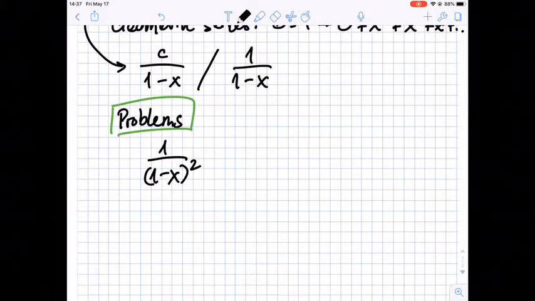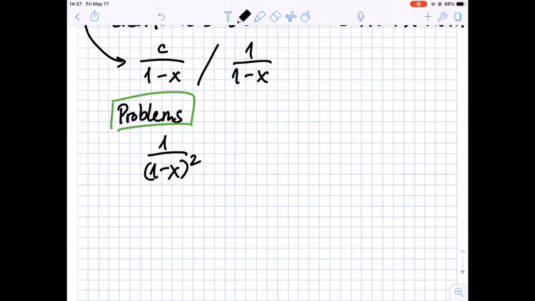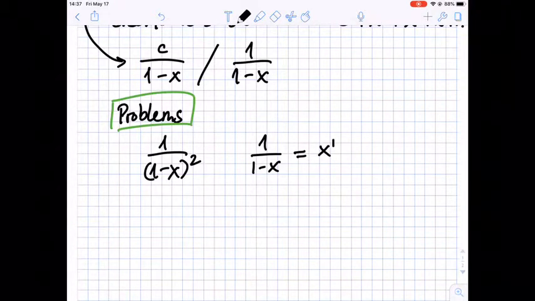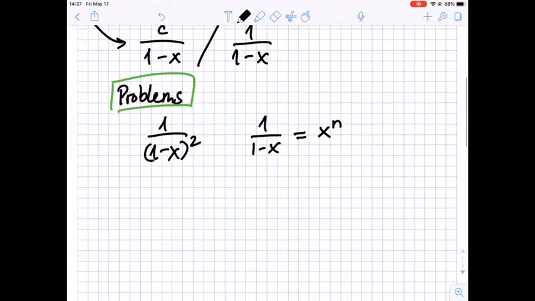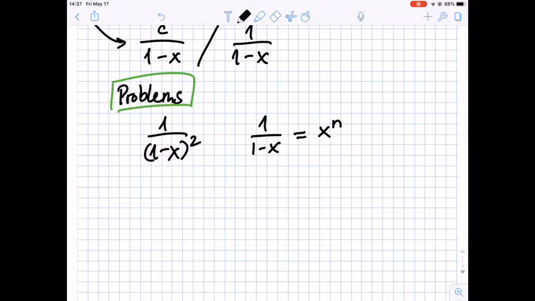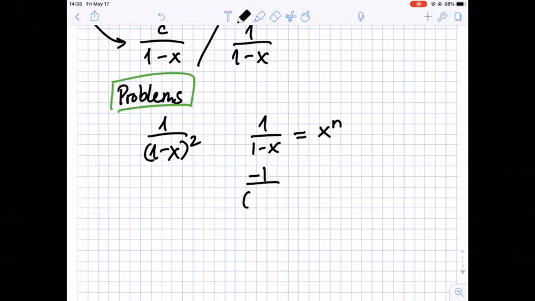So at first glance, you can see that it's pretty similar to the sum of a geometric series, which is 1 over 1 minus x. So we write that out, 1 over 1 minus x, and it is similar to the sum of x to the power of n. Because the derivative of 1 over 1 minus x would be 1 over 1 minus x squared.